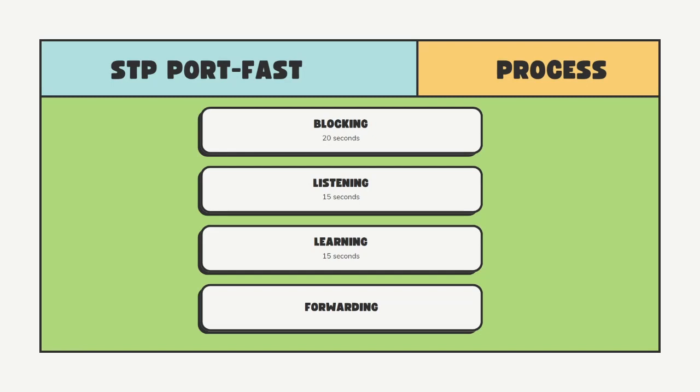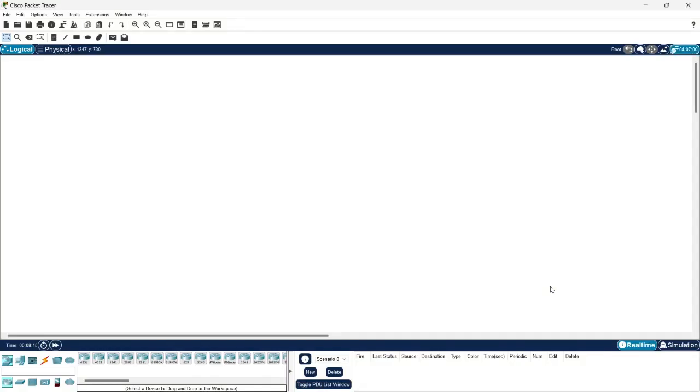Okay, so now we're going to make the STP PortFast configuration. For the first, as usual, we open Cisco Packet Tracer. This time we will use one switch and one PC. First, we add the switch, series 2960, and then we add one PC too.